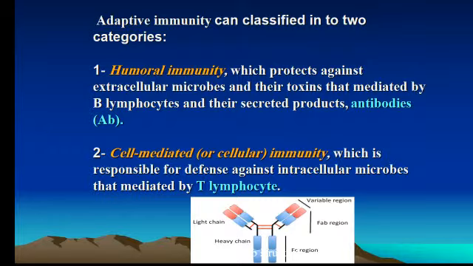I repeat, T lymphocytes as in T cells, cytotoxic T cells. Also, the humoral immunity is protection against extracellular microbes by antibody or B lymphocytes. Let's move now to the next slide.